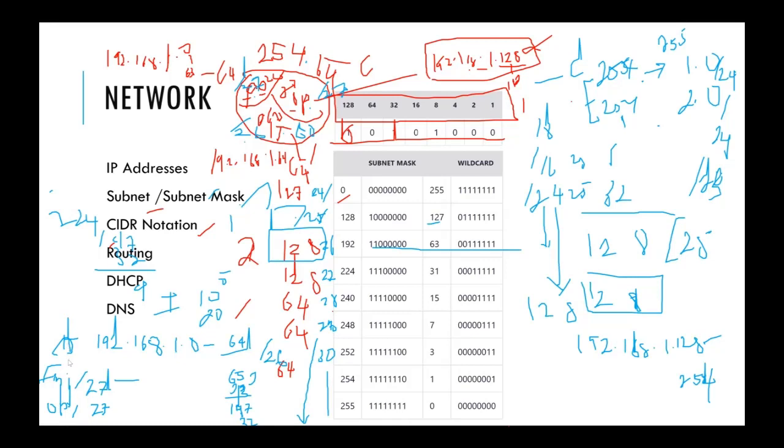I'm breaking it down into smaller networks. But if I am combining two class C IP addresses to give me a larger block, I'm going upwards, which means I'm supernetting. So instead of /24, I would have /23.